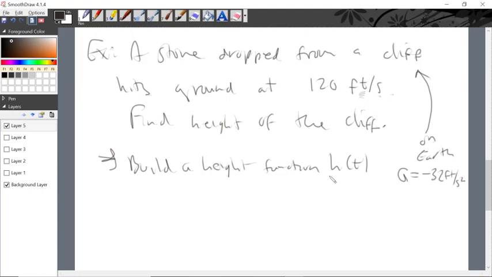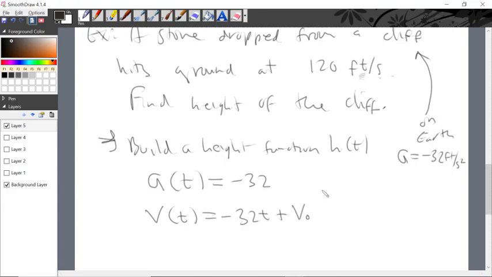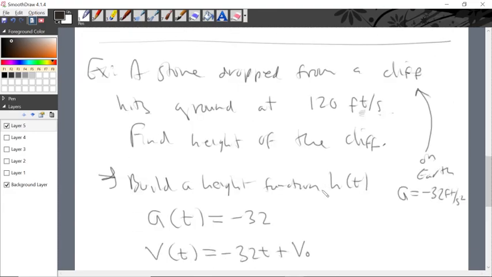That's a position function. We're going to start with an acceleration. The acceleration is negative 32. A of t is equal to negative 32. And now we can find a velocity function from that. A general velocity function would be negative 32t plus v naught, where v naught is the initial velocity of the object. Do we know what the initial velocity was?